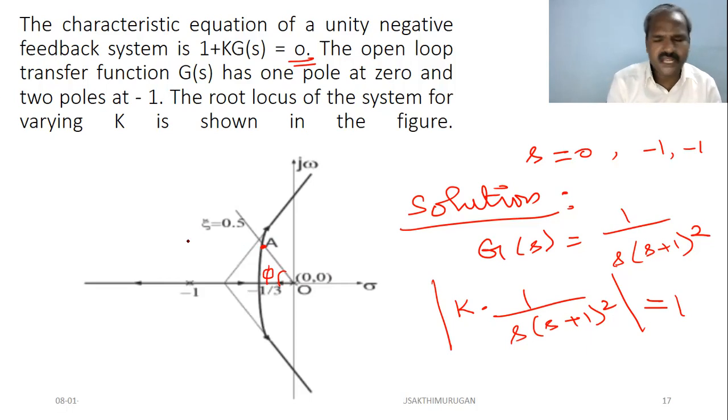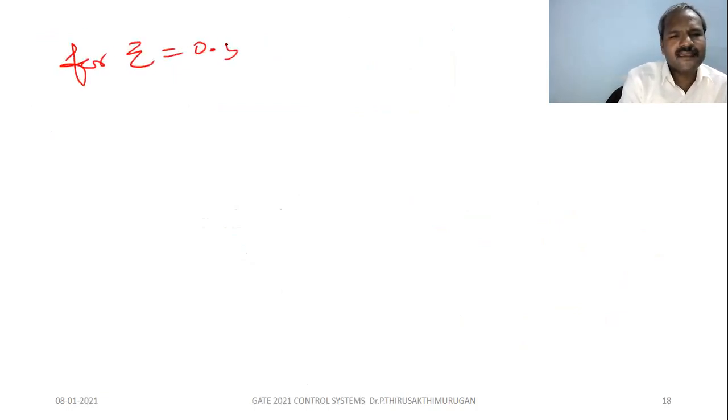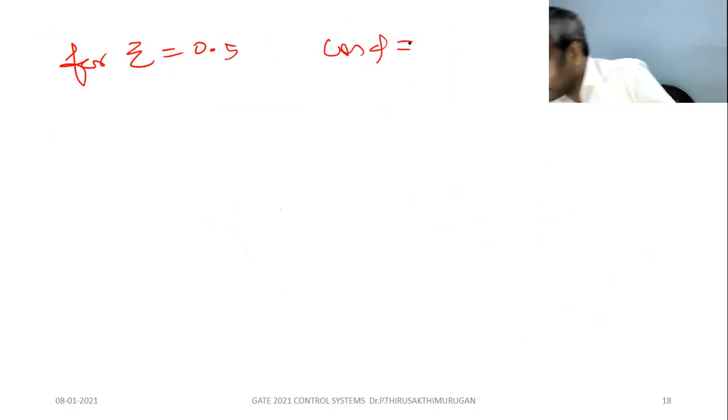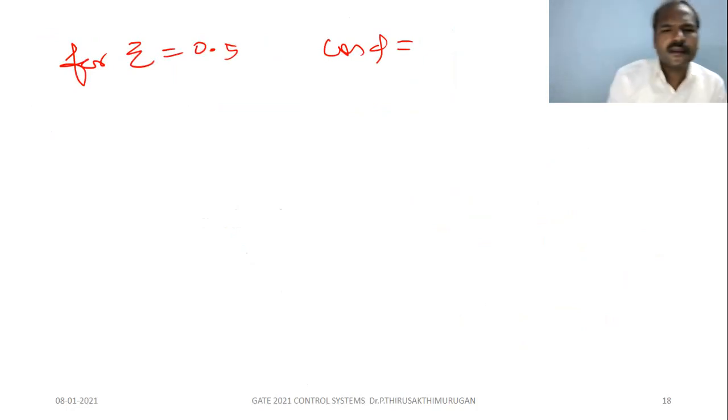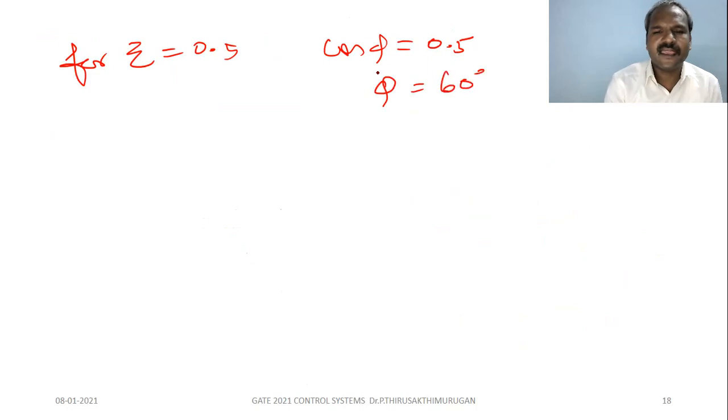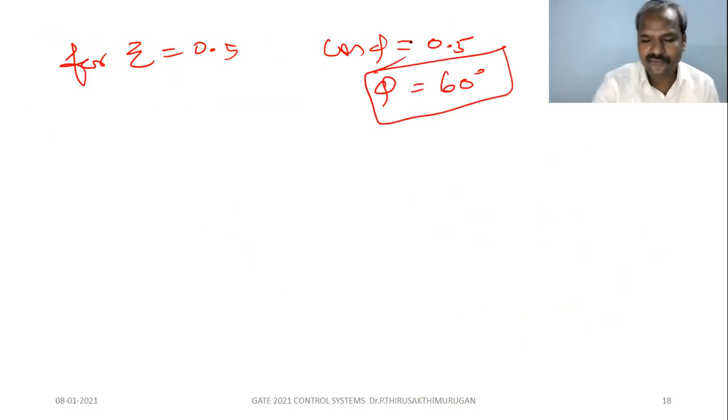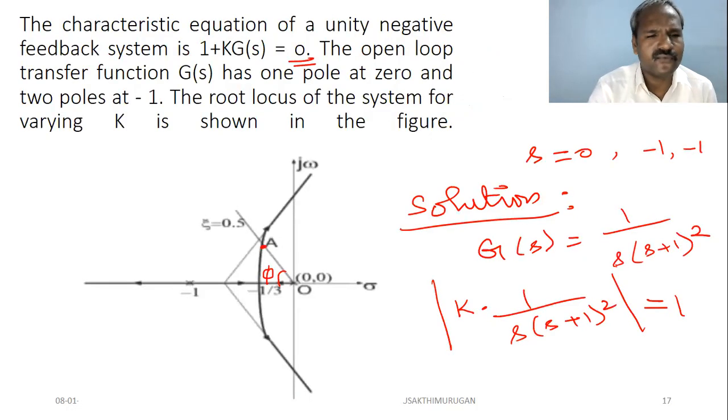For zeta equal to 0.5, cos phi equals 0.5. So phi equals cos inverse of 0.5, which is 60 degrees. Clear?